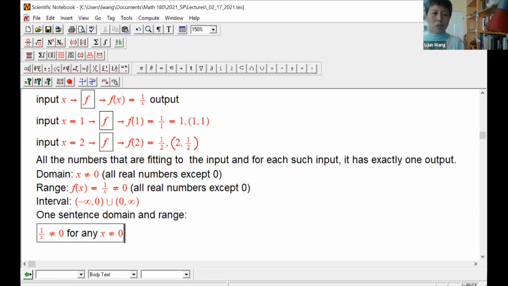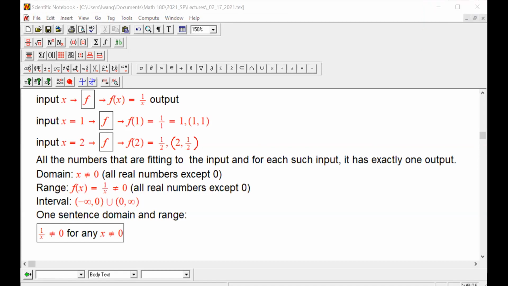You need to give the domain, range, x-intercept, y-intercept, and sketch the function. Got it? Yeah, thank you.